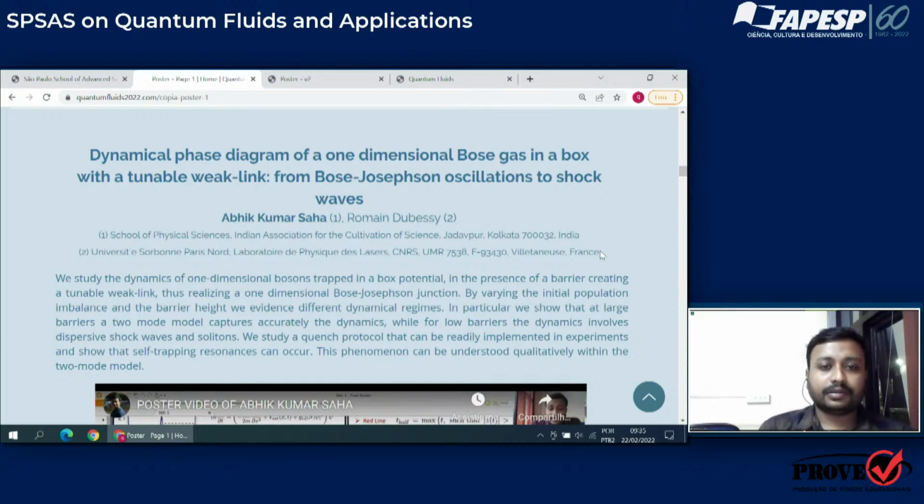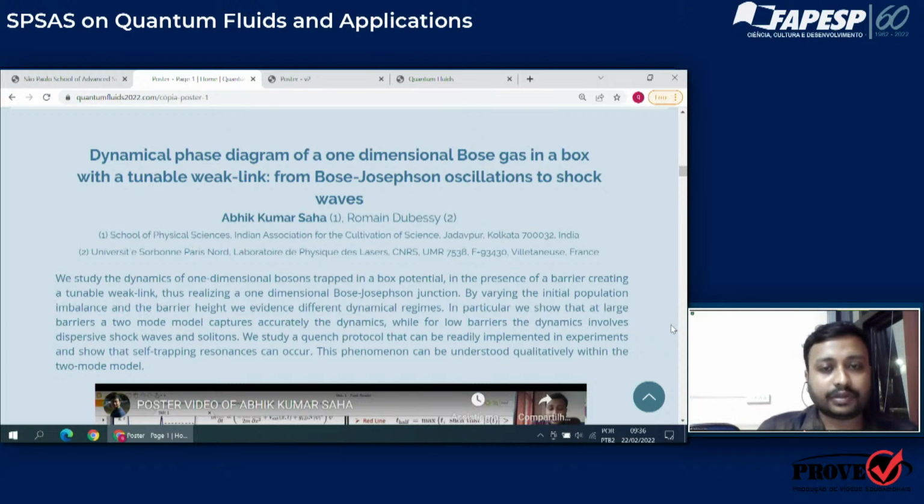Okay. So my name is Avik Kumar Saha. I am a final year PhD student at the Indian Association for the Cultivation of Science, Kolkata, India. This work is done in collaboration with one of my professors, Roman Dupsi. The main aim of this project is to find a phase diagram of the bosonic Josephson junction.